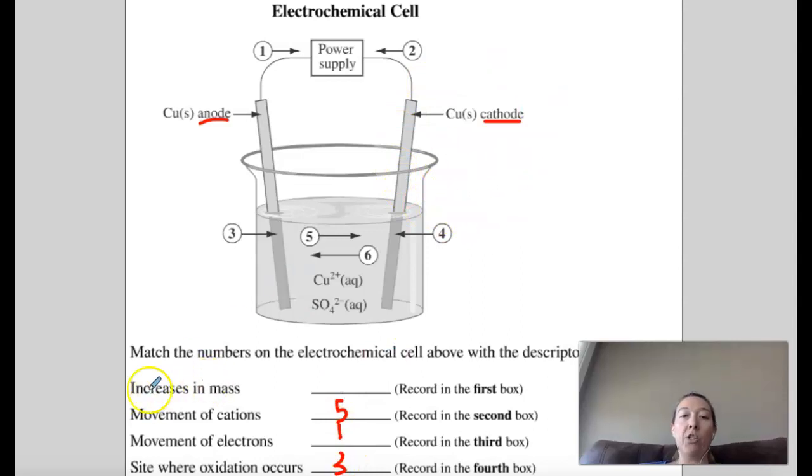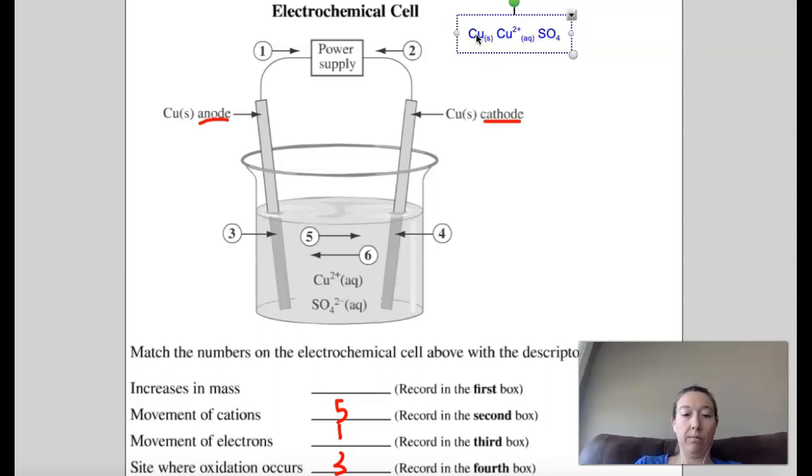The only one that I actually have to do a little bit of work to answer is the increase in mass, right? So if we think about what we have inside of this, we have solid copper, we have copper ions, we have sulfate ions, and we have water.